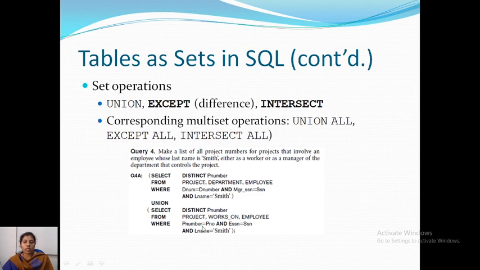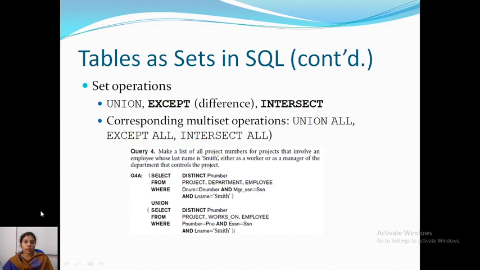So now these two are the operand relations. This set will give you the project numbers, and the other set also has project numbers. You have to take the union of these two intermediate results. Whenever you take the union, you make sure that these two resultant relations must be type compatible.